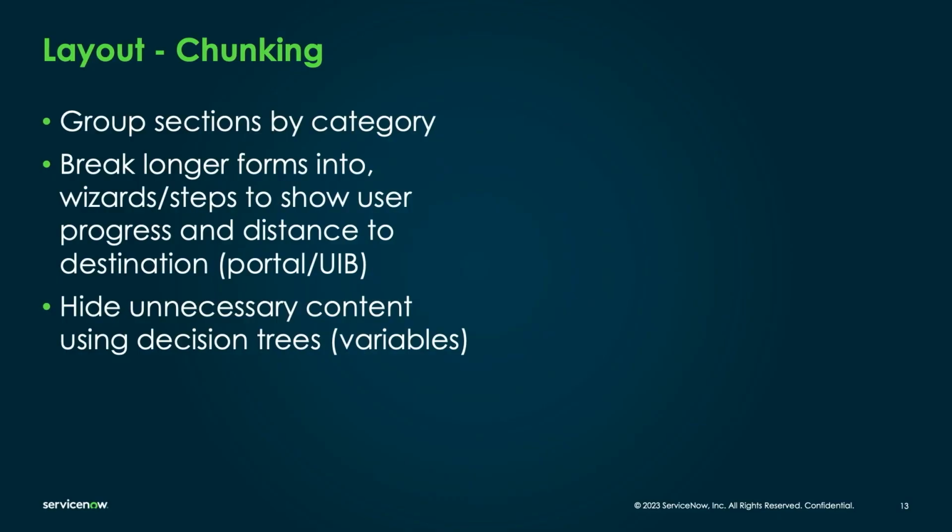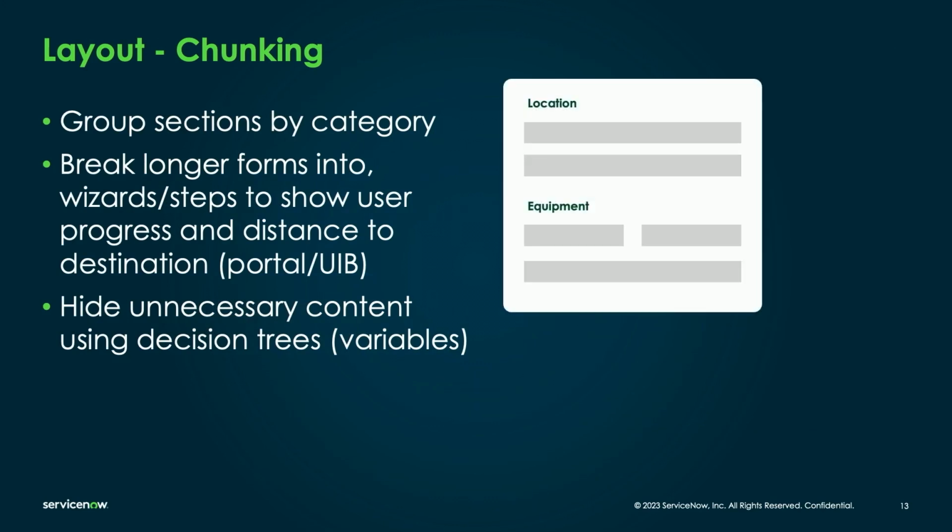Another way that you can improve usability on forms is this concept of chunking the form itself. You can group items by category. When users see that this information is grouped together, and there's a header that denotes the section, it gets them in the mindset of, oh, this is the type of information I need to provide for this area. It gives them guidance and gets them thinking about that content group.